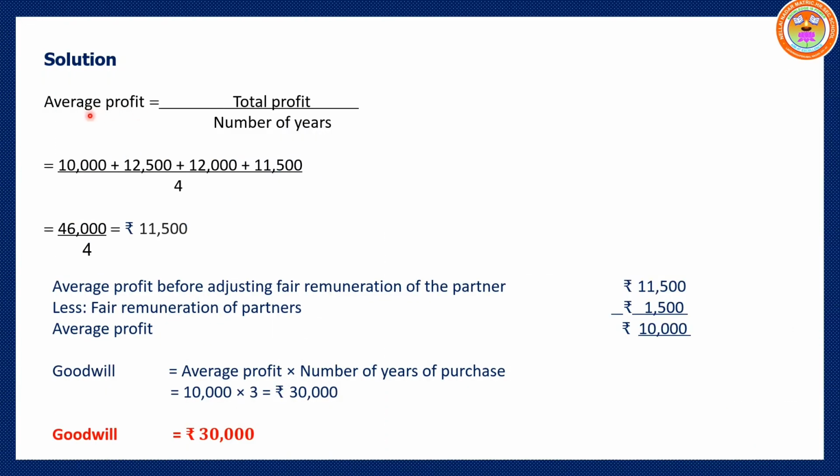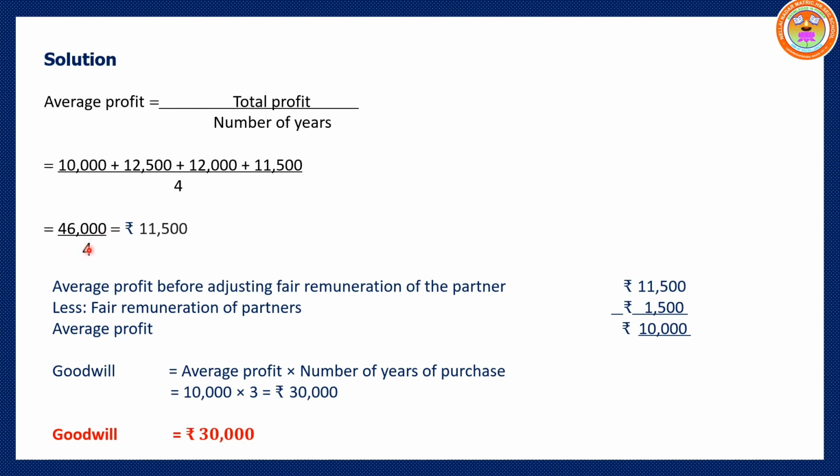Write the formula. Average profit equals total profit divided by number of years. In this question, 4 years' profits are given. 10,000 plus 12,500 plus 12,000 plus 11,500, divided by 4 years. We add all these 4 years' profits and get 46,000 divided by 4.